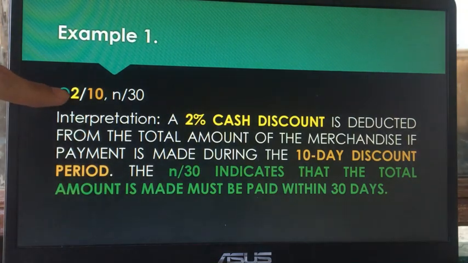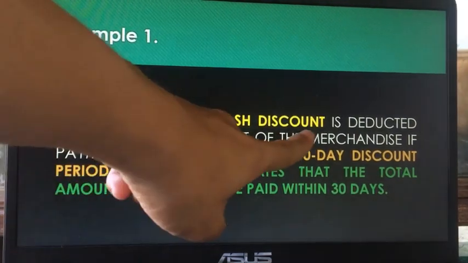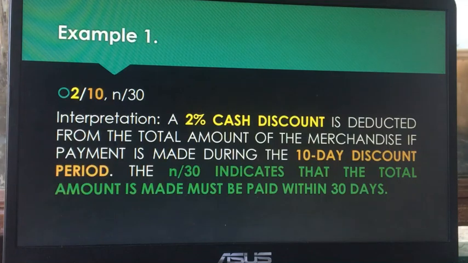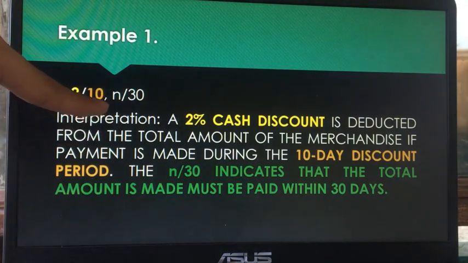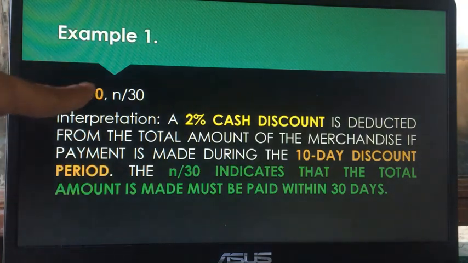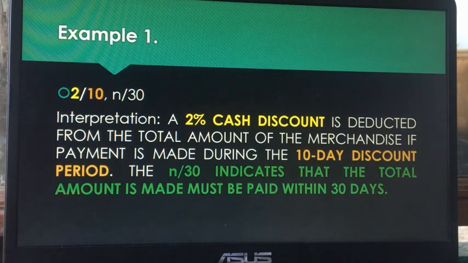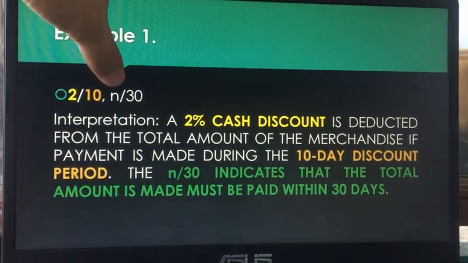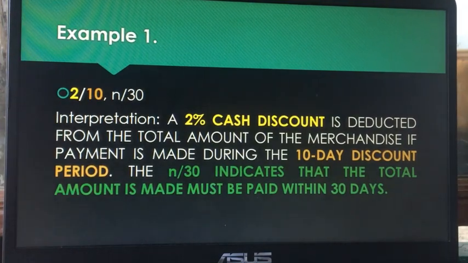Again, the first one indicates the 2% cash discount if you pay the amount in the first 10 days. If you fail to pay in the first 10 days, therefore, you are going to proceed to the second part, that is N over 30. Once you encounter in the second part that is N already, it means no cash discount is given to you.